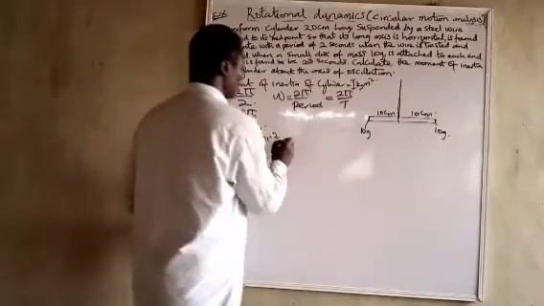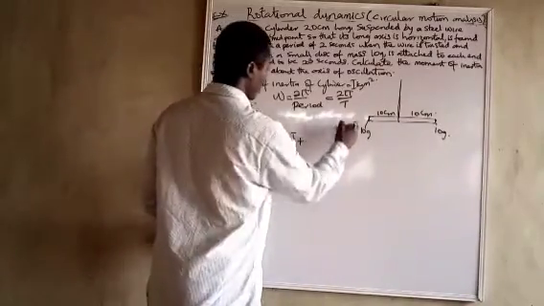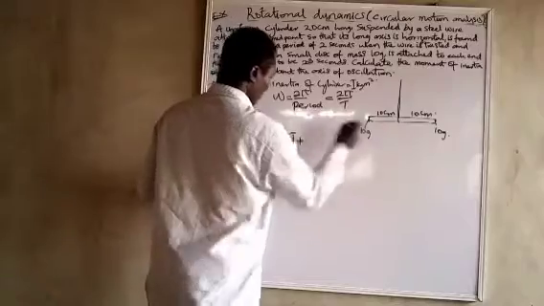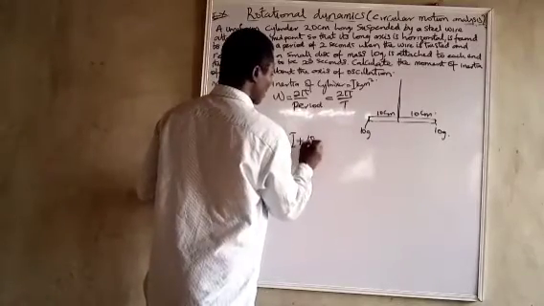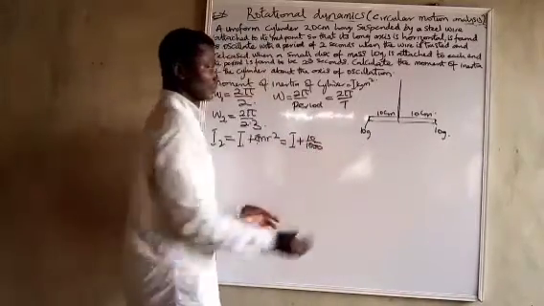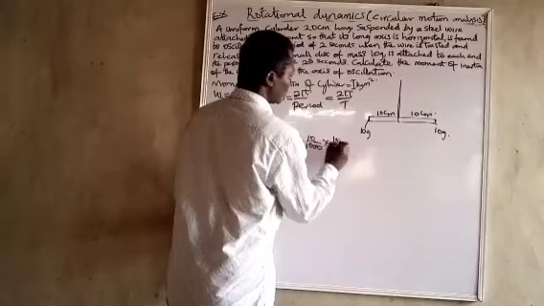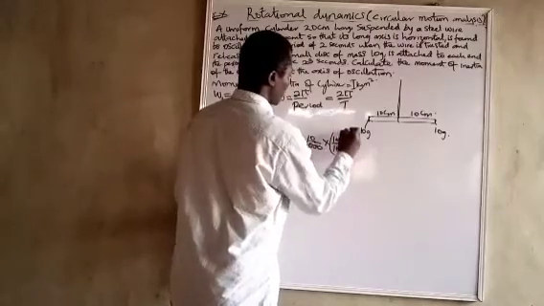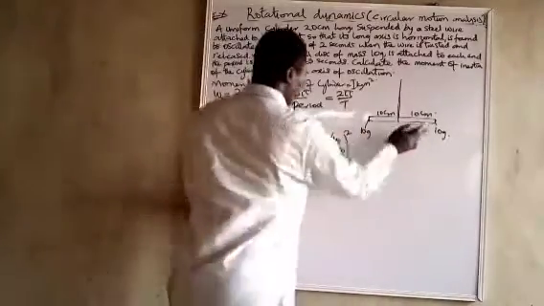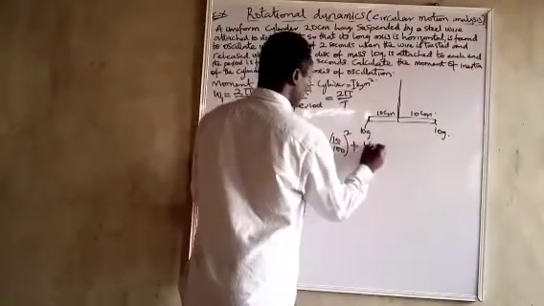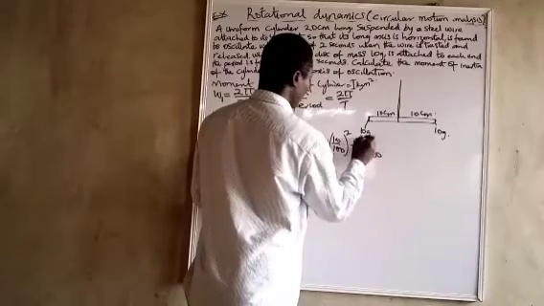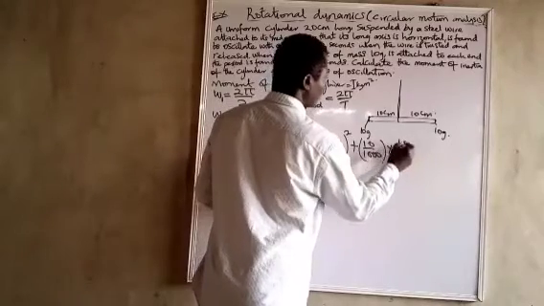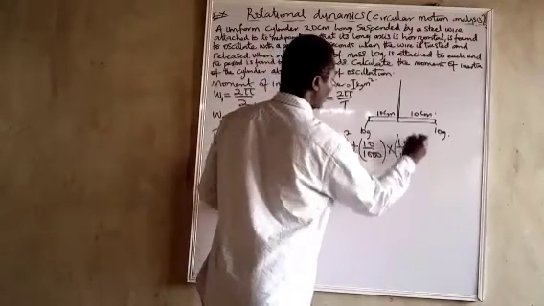That's going to be I plus, what is our m? It is 10 over 1000 converted to kilogram, times 10 over 100 squared. That is for this one. For this one too, we are going to have 10 over 1000 times 10 over 100, squared.